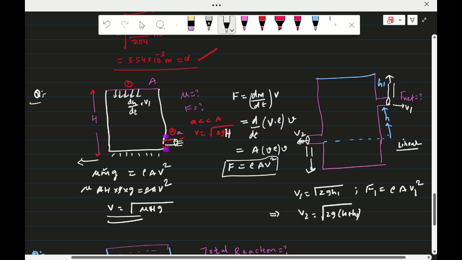Sometimes from the given data they give some height from the ground and mention the total height; the total height minus the height from the ground, neglecting it, you can substitute h plus h1.